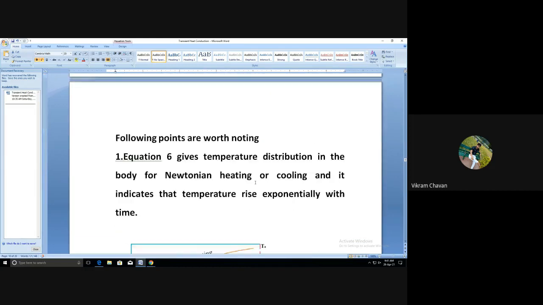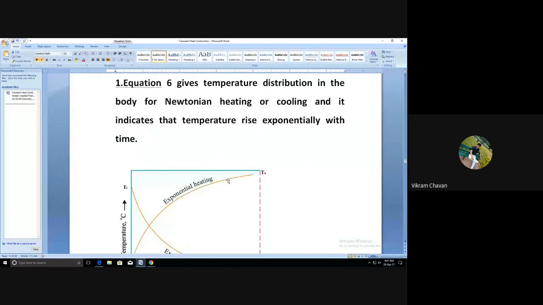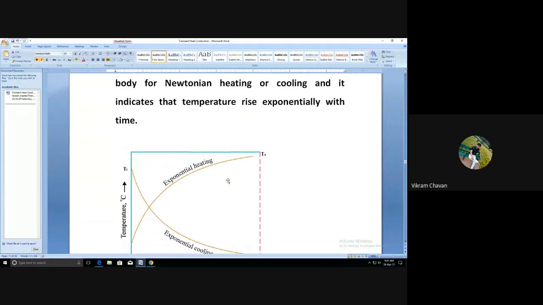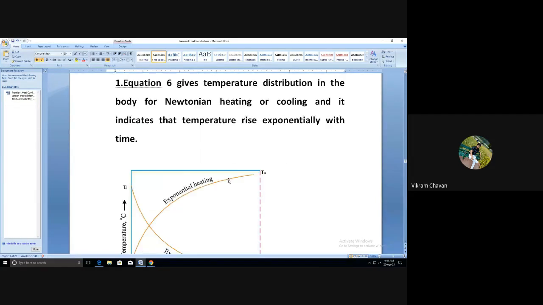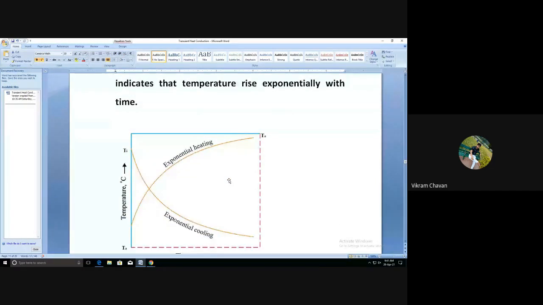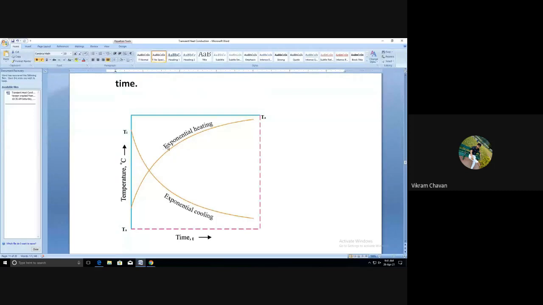Now we have discussed some points. First is related to exponential heating and exponential cooling. Once we are dealing with negligible internal resistance, that heating or cooling process is considered a Newtonian heating and Newtonian cooling process. During this process, the temperature varies exponentially with respect to time.